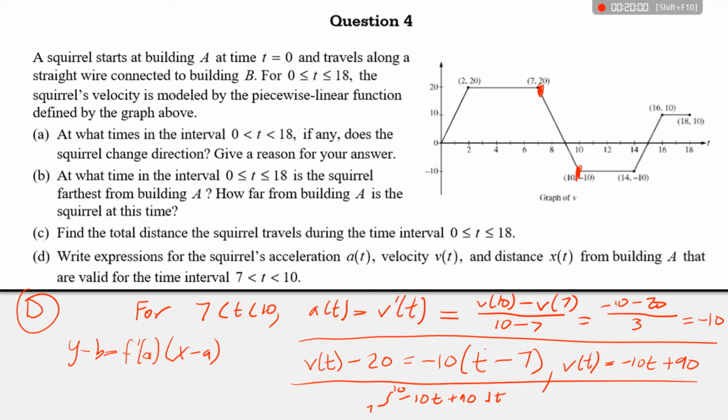But we have to simplify. So right now this is how much our velocity changed from 7 to 10. But if I want the total distance from building A, we already had some distance at t equals 7. Oh yeah, so we have to have t equals 7. How much distance did I have at t equals 7?